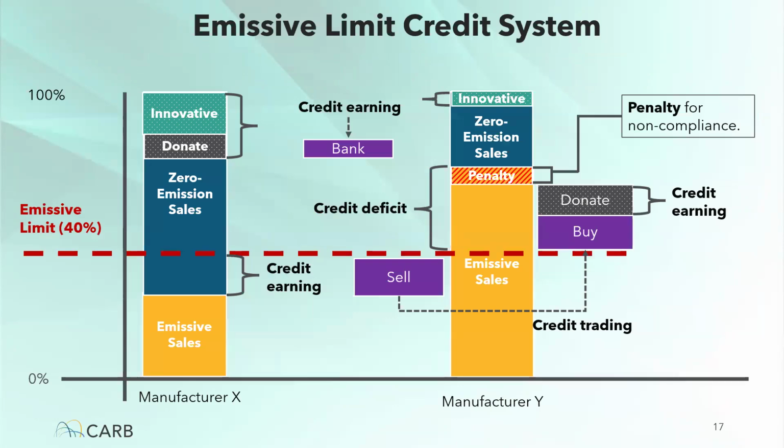Okay, so this slide shows a mock-up of how credit trading could work under the credit program. As we've discussed, manufacturers would be required to meet the annual limit, which is shown in a red dash bar across the chart. If a manufacturer sells fewer emissive units than the annual limit, they'll earn credits, which is that first bottom left-hand corner credit earning demonstration.